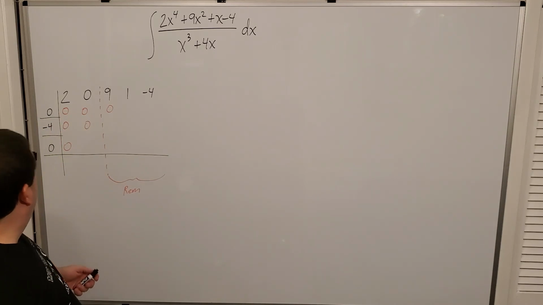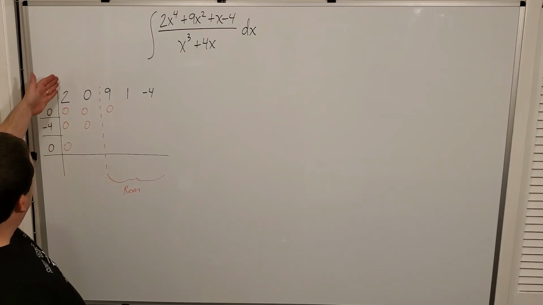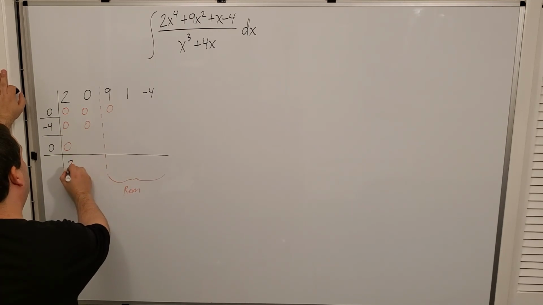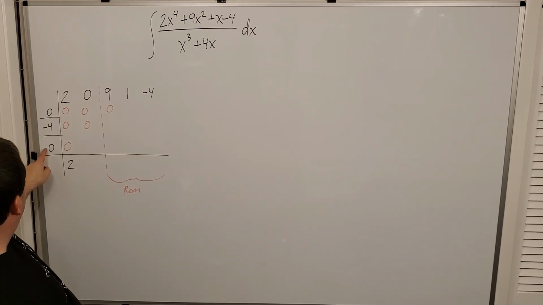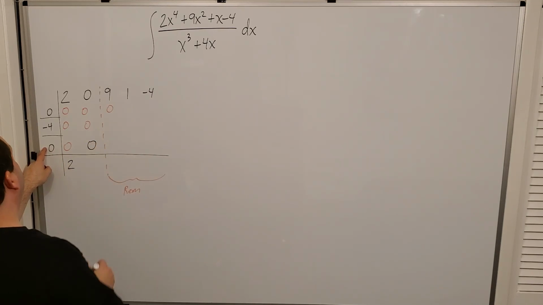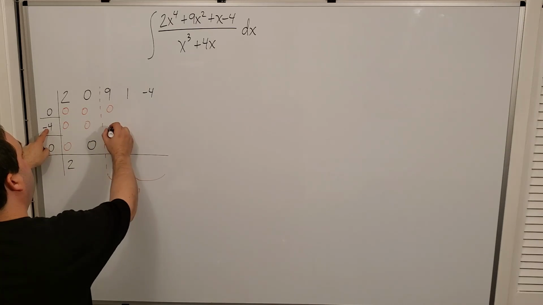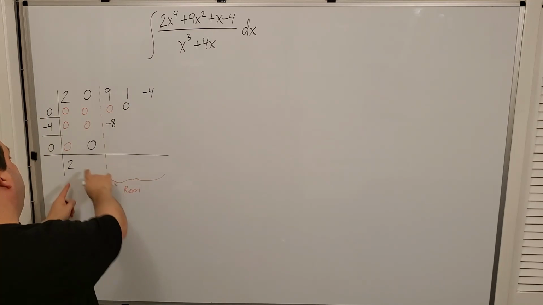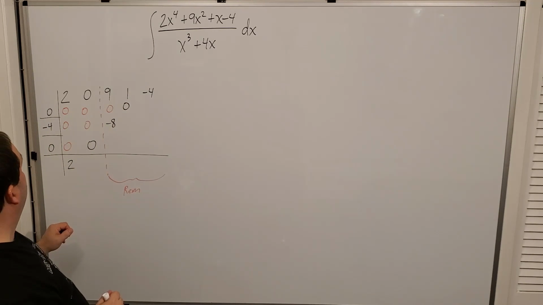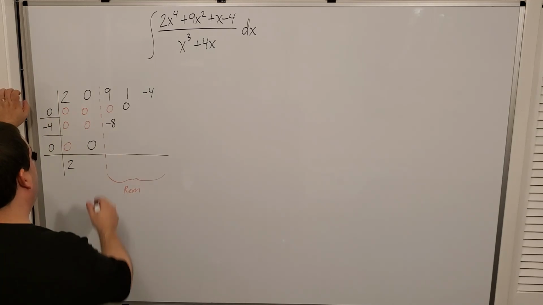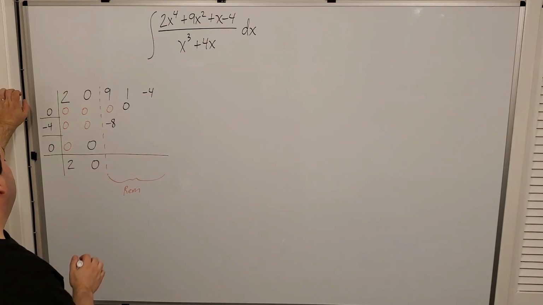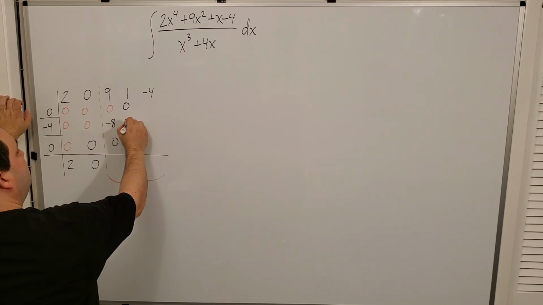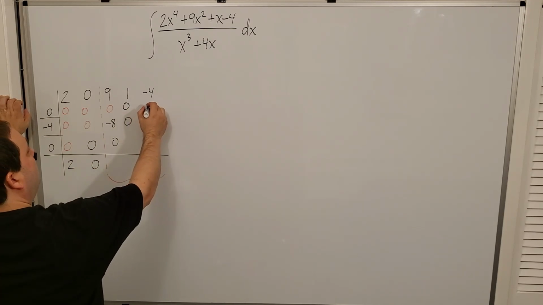All right, so let's fill in using our diagonals. My first column is already ready to go with a 2. Then I do 2 times 0 is 0. 2 times negative 4 is negative 8. 2 times 0 is 0. So I did my diagonal there. Next, I add up these zeros. I get 0. 0 times 0 is 0. 0 times negative 4 is 0. 0 times 0 is 0.